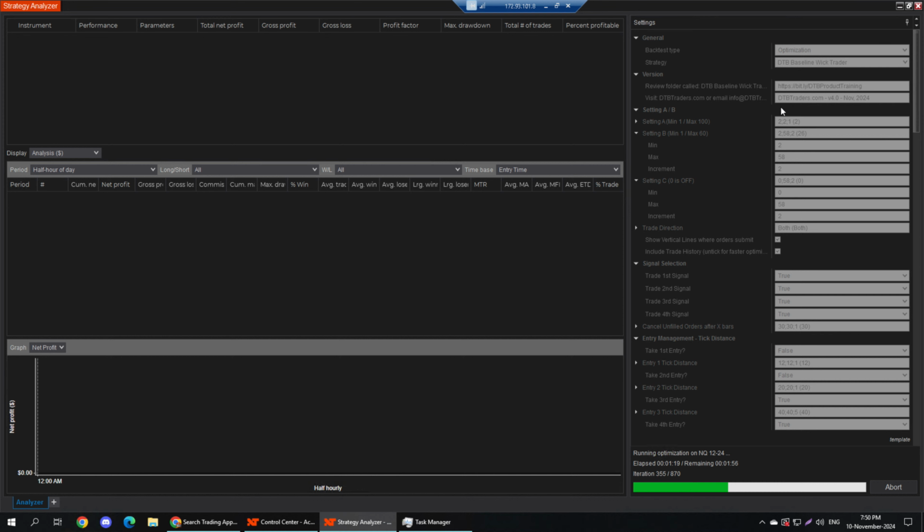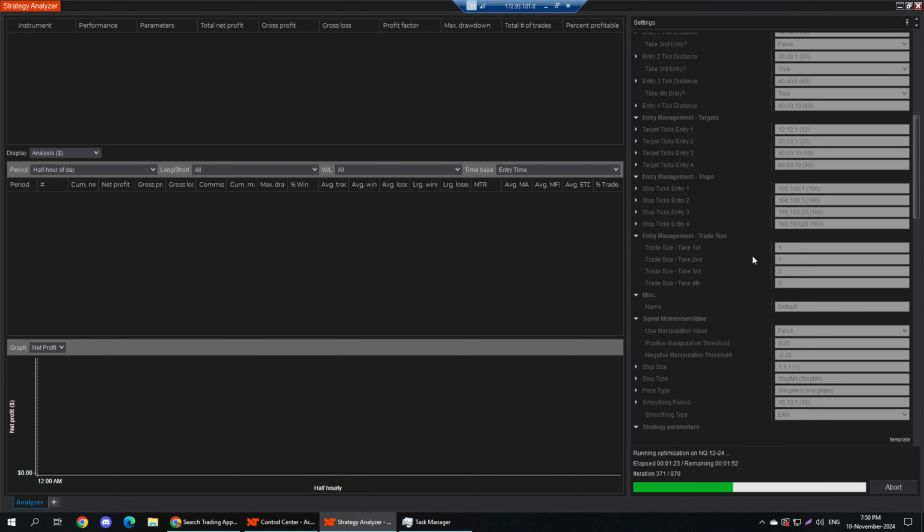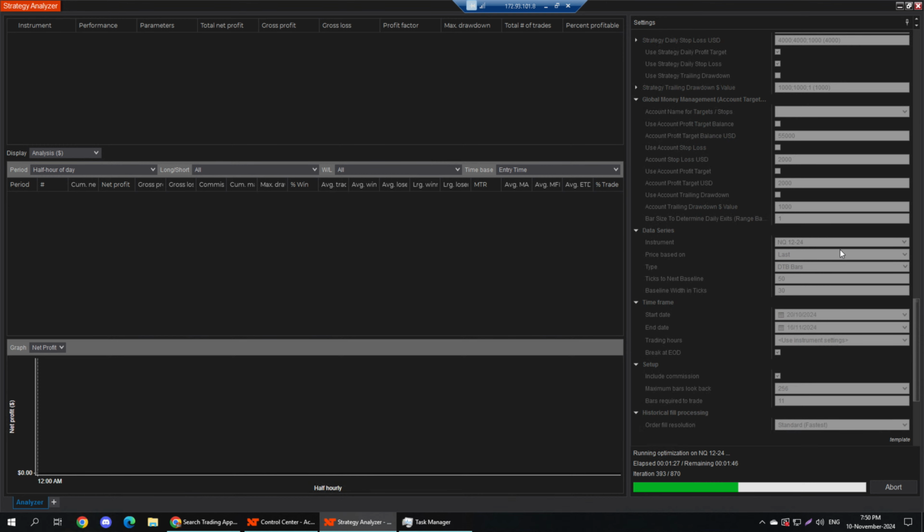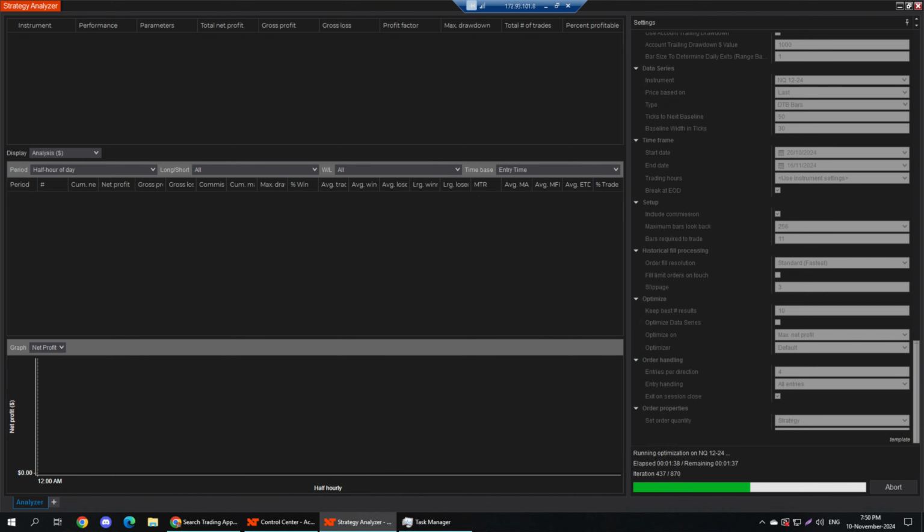Now, the cool thing about this specific strategy and a lot of the others is they work on bar close. So the signals are generated on bar close, and that makes it a lot more accurate because you're getting the specific calculations done on bar close.